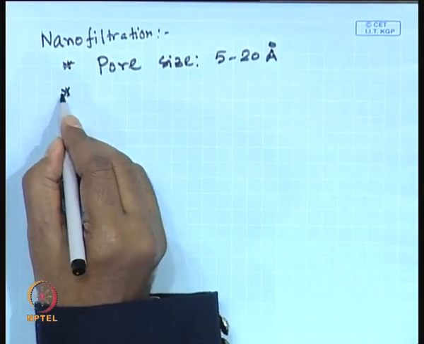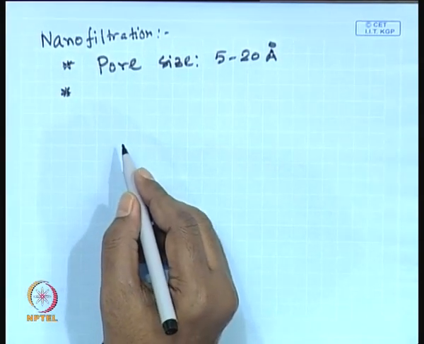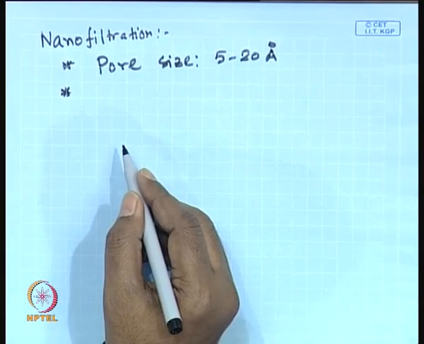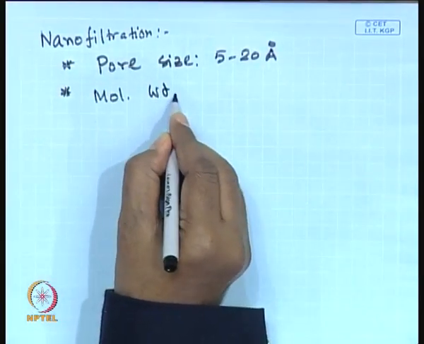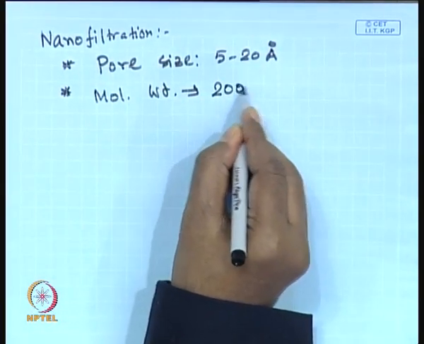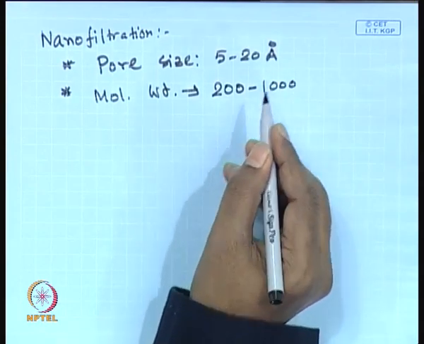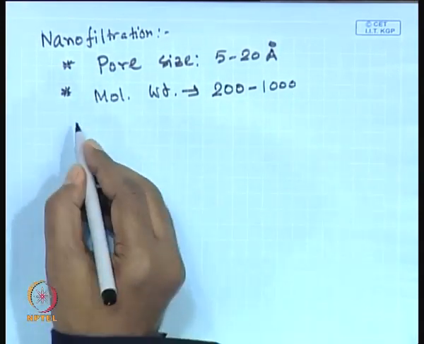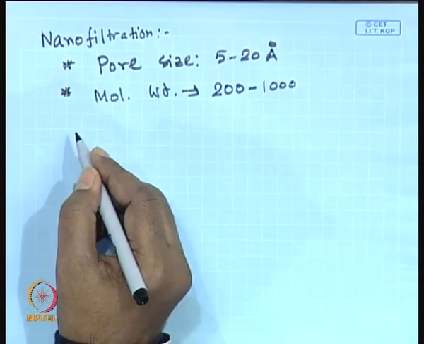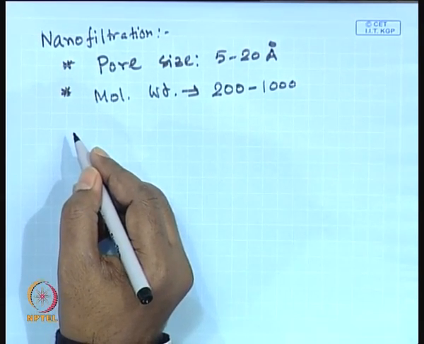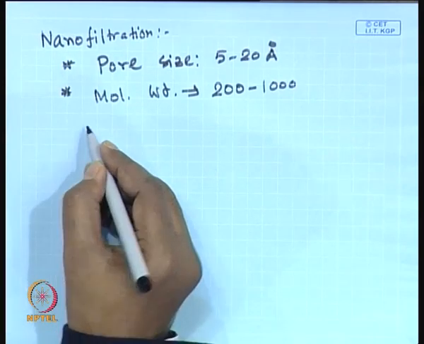Since the pore sizes are slightly higher, one can expect to separate particles of higher molecular weight. So the molecular weight of the particles to be separated will be in the range of 200 to 1000. Okay. Since the pore size is higher and the molecular weight of the particles to be separated is higher, the osmotic pressure will be lower. So therefore, the pressure requirement will be slightly lower in this case.